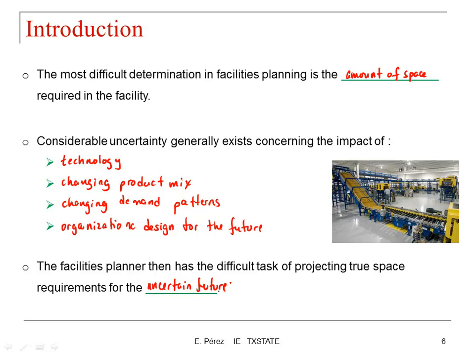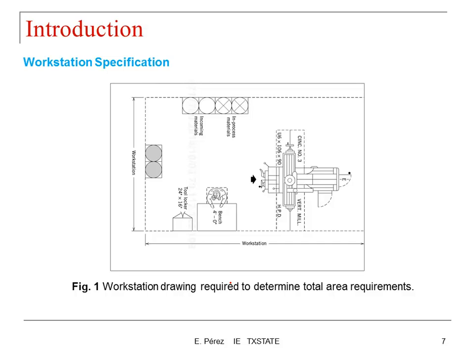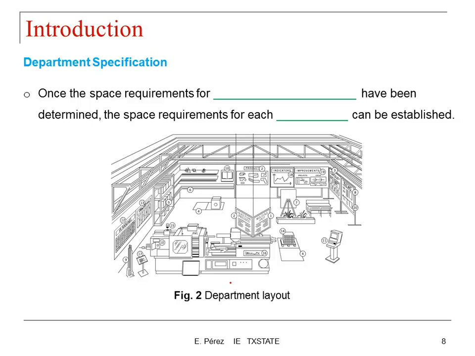We talked about the best way to start planning for facilities, which is by designing the workspace or the workstations for your workers. Then, once you have those space requirements designed for individual workstations, you can design the department.